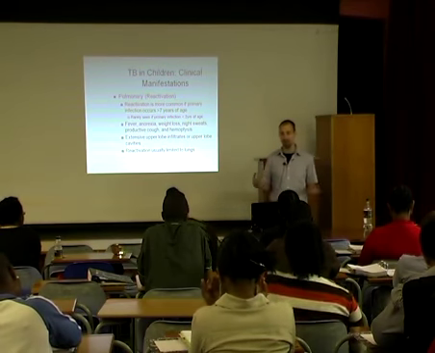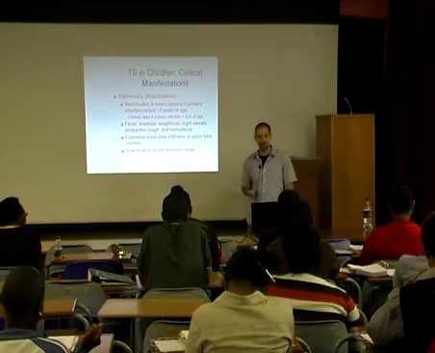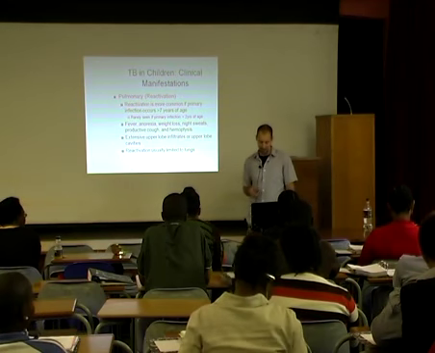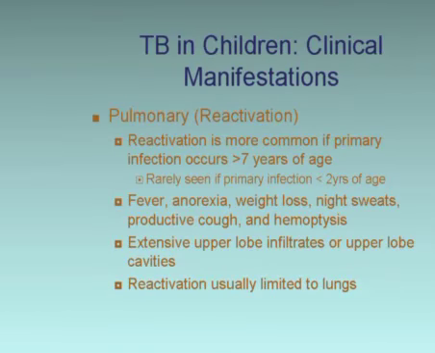The sort of symptoms that make you think of TB are much more common in reactivated disease. Adults and older children can have extensive upper lobe disease on chest X-ray. And reactivated disease is much more commonly located in the lungs and limited to the lungs, compared to primary disease, which is usually elsewhere in the body.